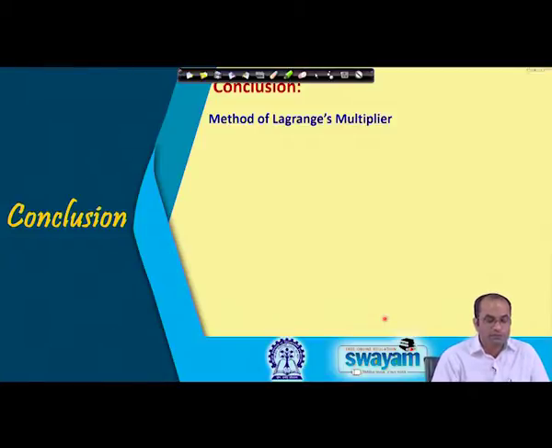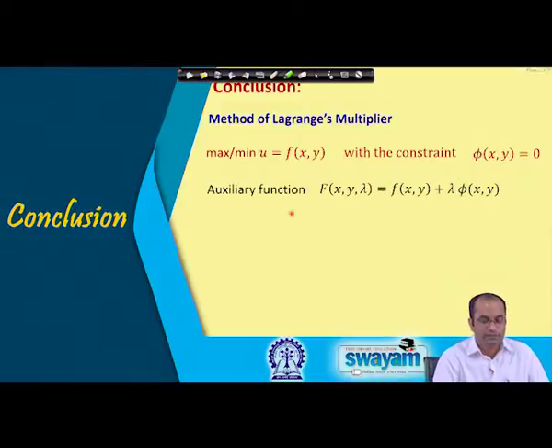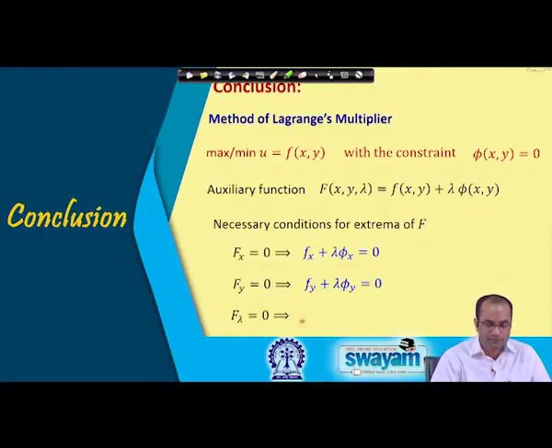So, conclusion now. The method of Lagrange multiplier is that we want to find the maximum or minimum of a function here f x y with some given constraint. The idea is to formulate an auxiliary function by introducing this lambda in front of this phi, and then the necessary condition for extrema of this F will be setting F x equal to 0, which gives us this equation, F y equal to 0, we get another equation, and F lambda equal to 0, we get phi x y is equal to 0.